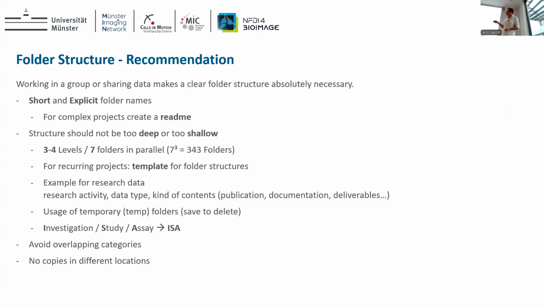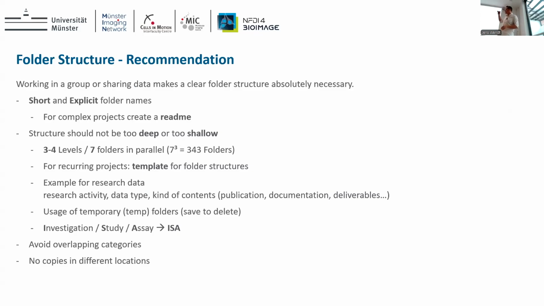The next one is that you have templates for folder structures or a defined folder structure, especially if you're working in teams, so that everyone is doing the same. That you have 3 or 4 levels, not going too deep, and then 7 folders in parallel. This is what you can see quite directly.